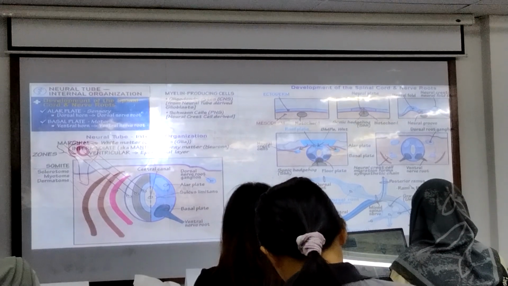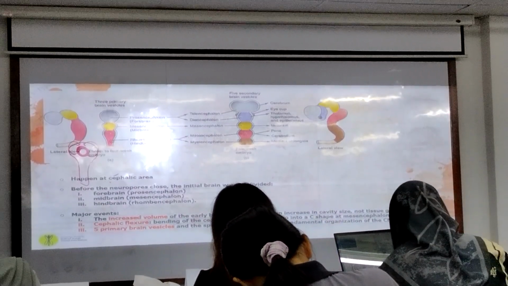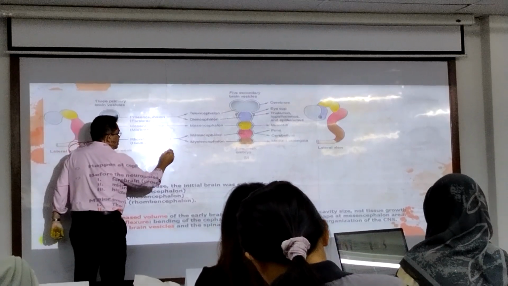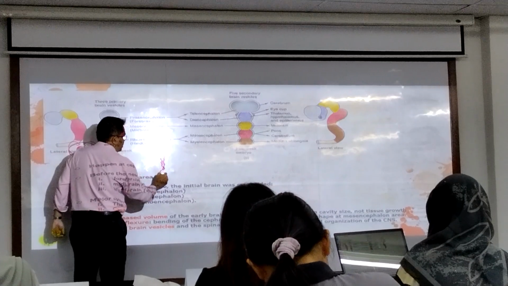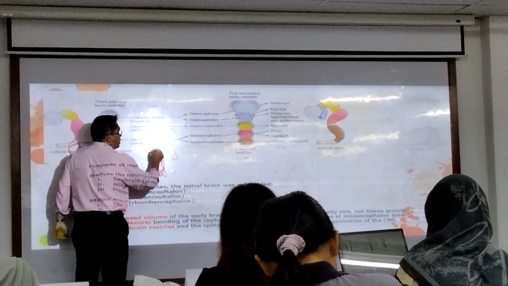But in the upper parts of your body, if you remember that you have a structure, the leaf structure, and then this is the neural tube, and then you have the opening somewhere. So this is what happens.